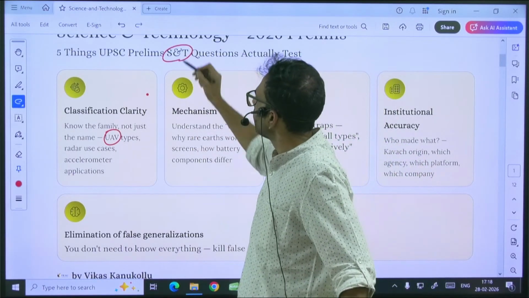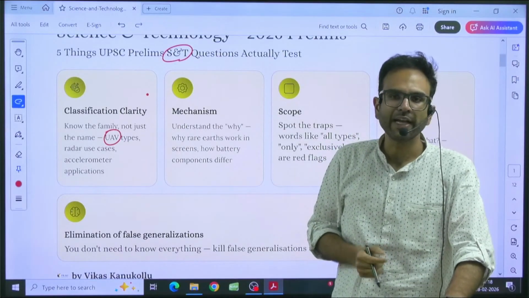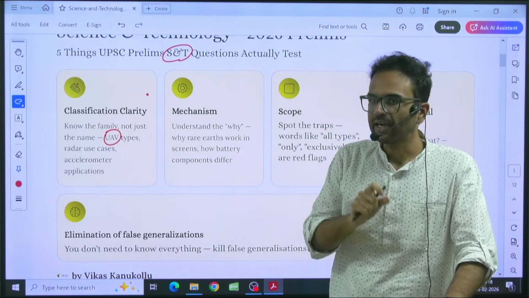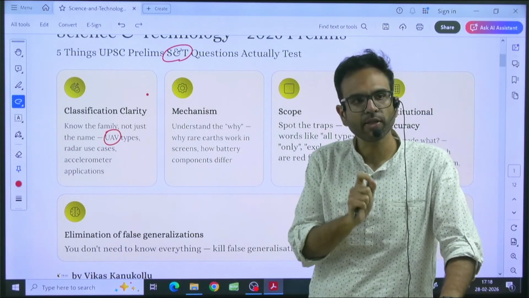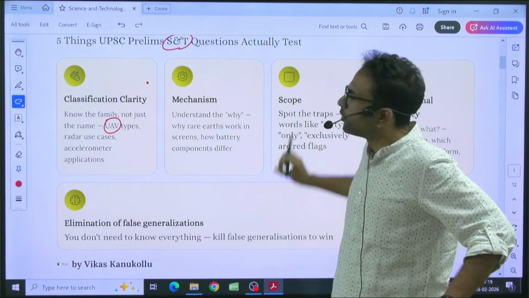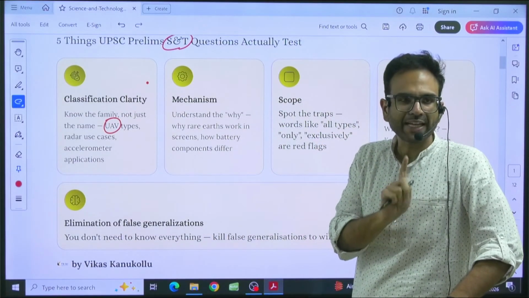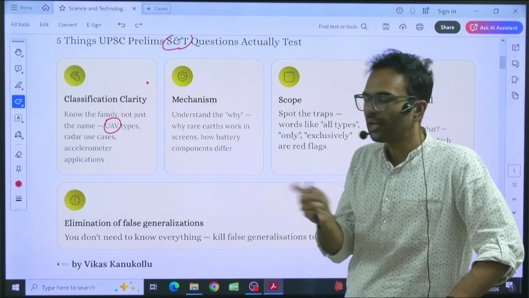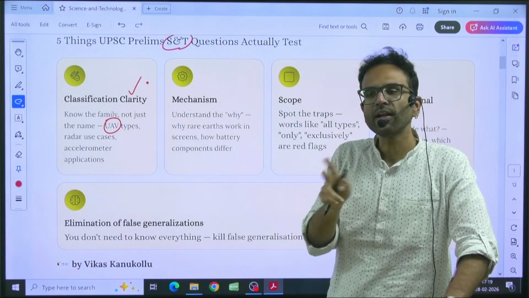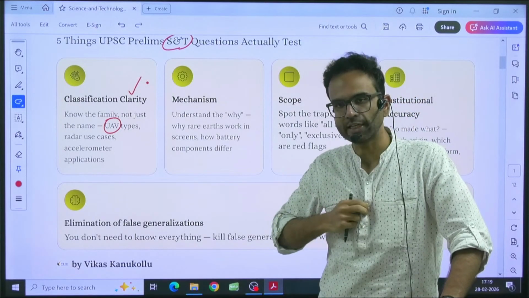Always look at science and tech questions as a tool to solve a problem in society. And this simple funda is tested by UPSC in multiple ways. Multiple pathways will be created. So one is that the technology and its kinds will have different purposes. So UPSC will test whether you are aware of that classification of the technology.